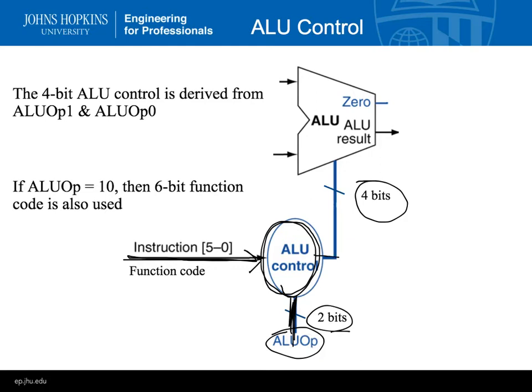And it's going to generate 4 bits that'll go to the ALU that will tell it what to do. So we're going to look at all the things that ALU op can be. But if ALU op is 1, 0, then use the function code from the instruction. And we'll also look at the other values of ALU op and what they can be.